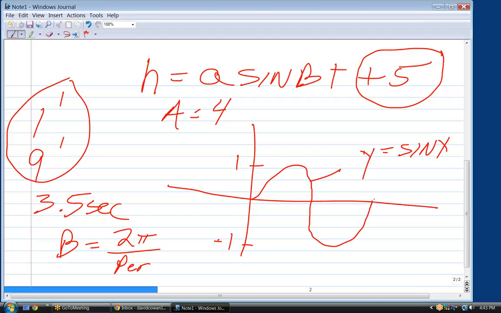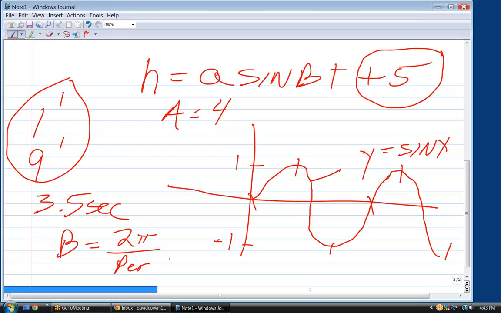If you look at a sine wave, the period you can measure peak to peak, valley to valley, or x-axis heading up to x-axis heading up. Any of those measure the period. And they're telling us that it was 3.5 seconds.